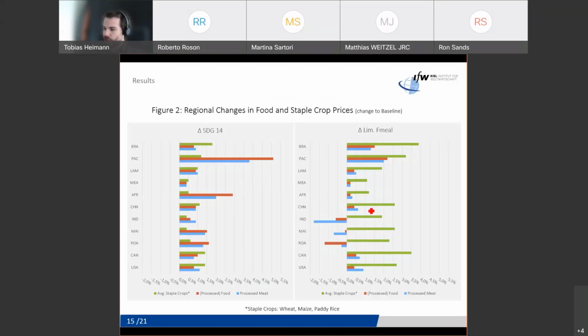We see some increase in China, in Malaysia and Indonesia. Therefore, in India, Malaysia, Indonesia, and in the rest of Asia, which is Bangladesh, Pakistan, Philippines, Thailand, and so on, we see price decreases in the processed food sector and in the processed meat sector, because here the cheaper aquaculture fish from the production expansion leads to substitution effects.